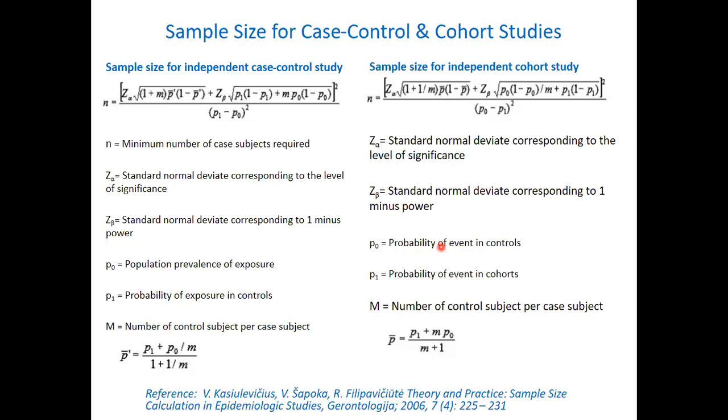So in that situation, they talk about the population prevalence of exposure. The people that are exposed, what is the prevalence? Then from the literature, the probability of exposure in controls.